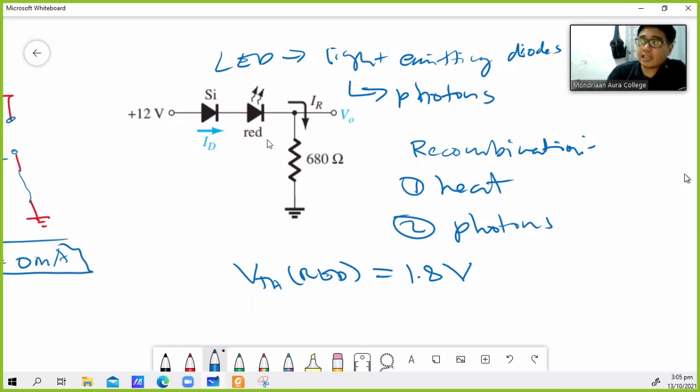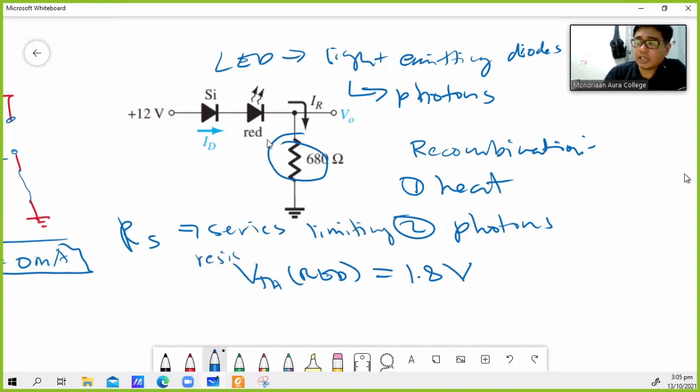That's why naglalagay tayo ng tinatawag na resistor. Now, this is what we call an R sub S or the series limiting resistor. So ano ginagawa ng series limiting resistor na yan? Una, yung resistor na yan ay nakakonect in series with your LED. Pangalawa, it minimizes the current that flows through your LED.